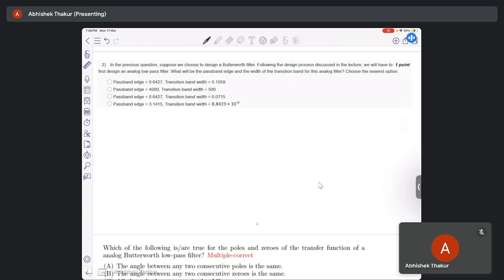So what we have to do is translate this frequency specification to the normalized angular frequency specification.